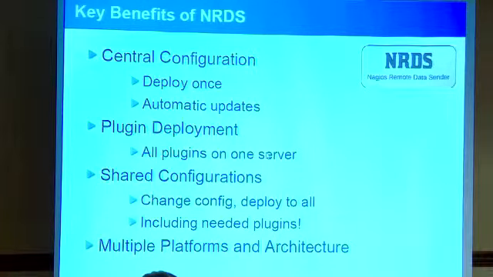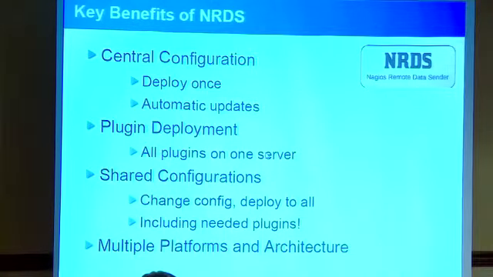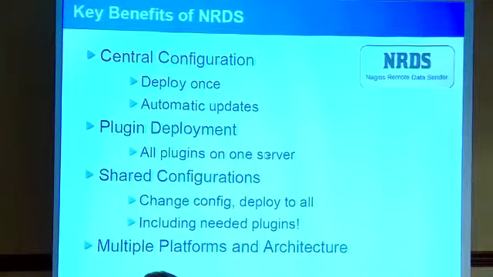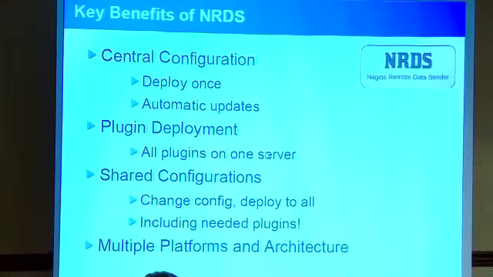You deploy this once, and the system automatically, every time it sends check results to the Nagios server, also asks the Nagios server if there's a newer version of the configuration. If there is a newer version, the system will automatically download that new configuration, which contains all of the checks that are going to be performed on the remote system.